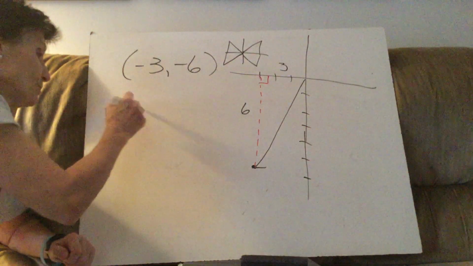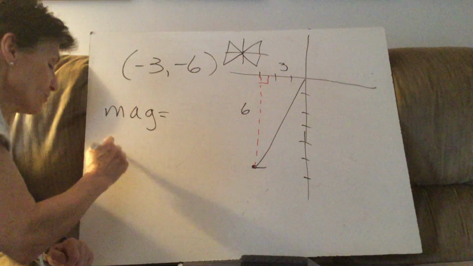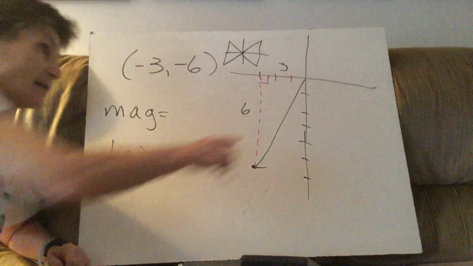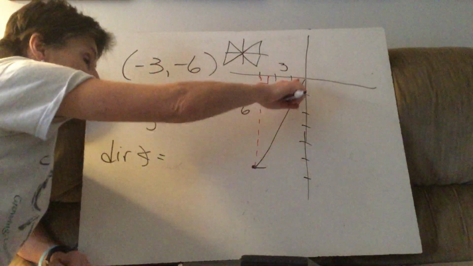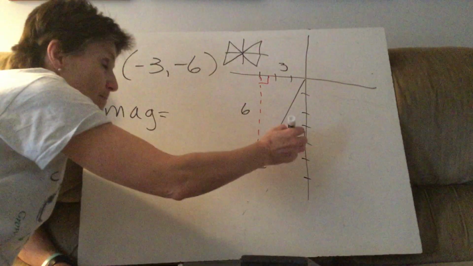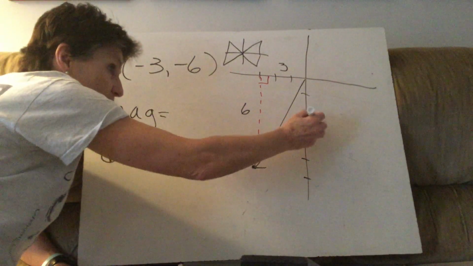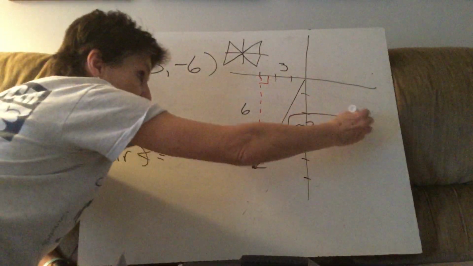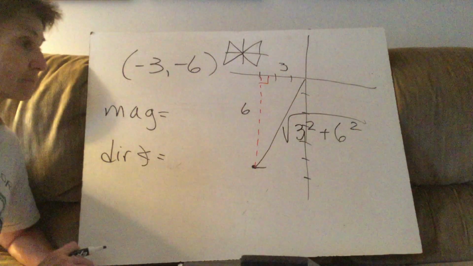So we need the magnitude, and we need the direction angle. To find the magnitude, that's just the hypotenuse of the triangle. So we're going to do our Pythagorean Theorem. We've got 3 squared plus 6 squared. We're going to add them together and take the square root.